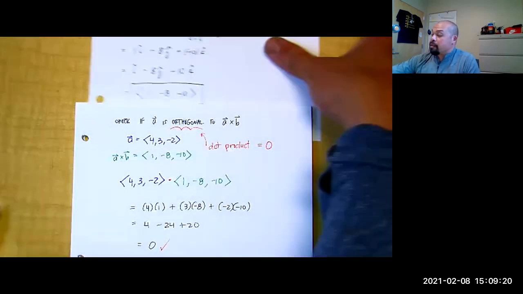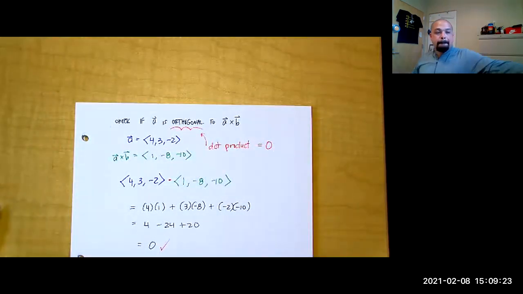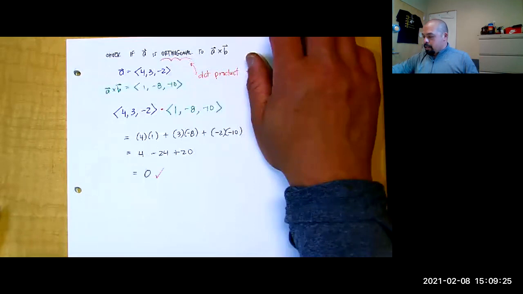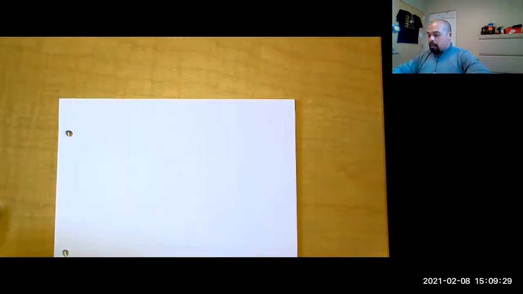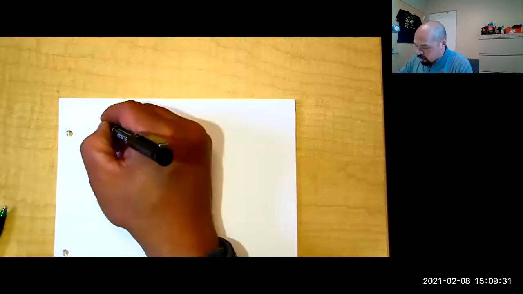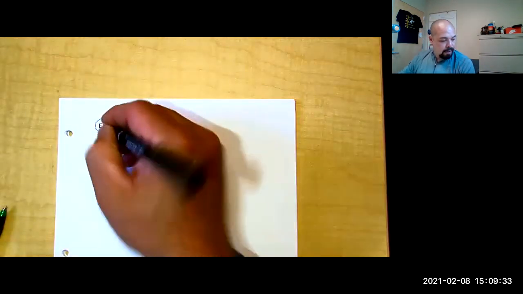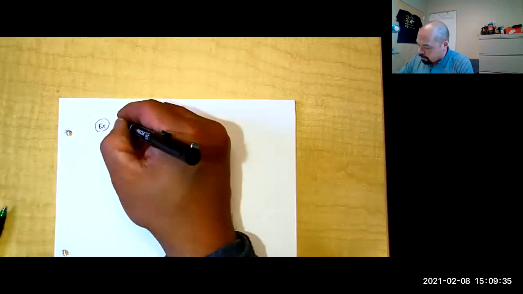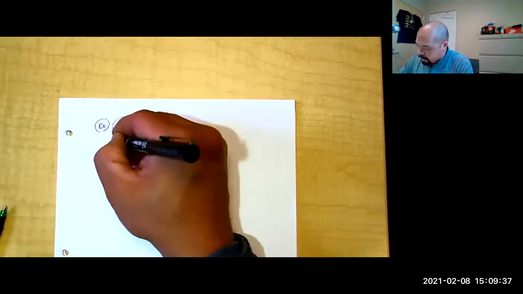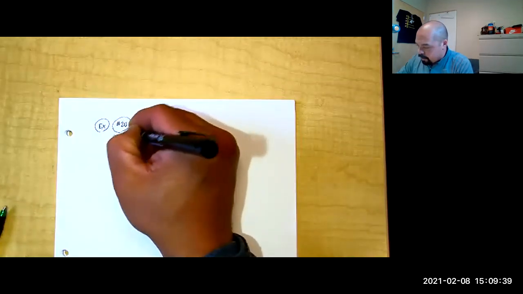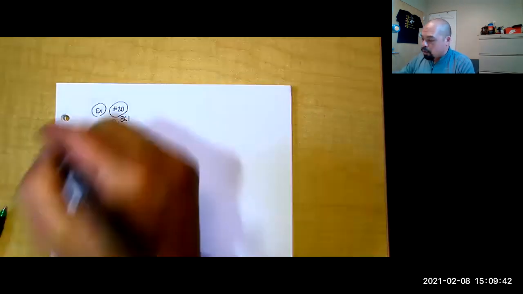So now let's try another example. There's that one. I'm going to slide this over. Let's look at another example, just kind of jumping our way through. Let's check out this problem, number 20. And this is on page 861 again. That's section 12.4.